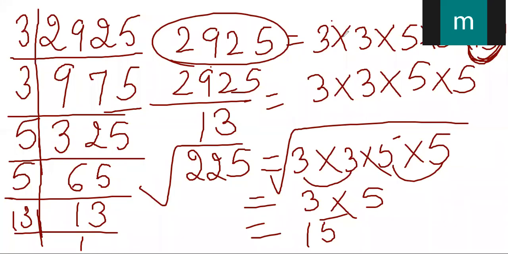Now let's do the 7th question. Question number 7 is: the students of class 8 of a school donated rupees 2401 in all. That means the total rupees donated by class 8 is 2401 for the Prime Minister's National Relief Fund.